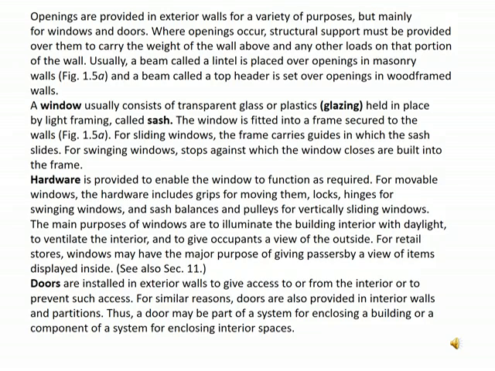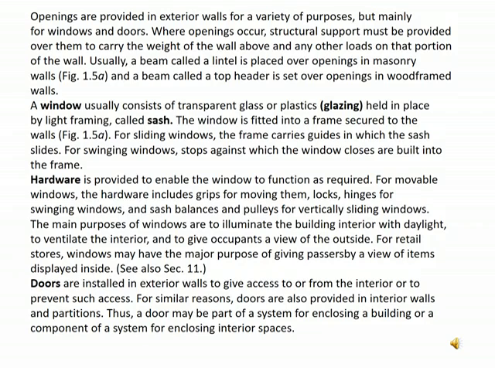Doors are installed in the exterior walls to give access to the interior or to prevent access. So those are installed at the exterior wall to control access. For similar reasons, doors are also provided in the interior walls and partitions.